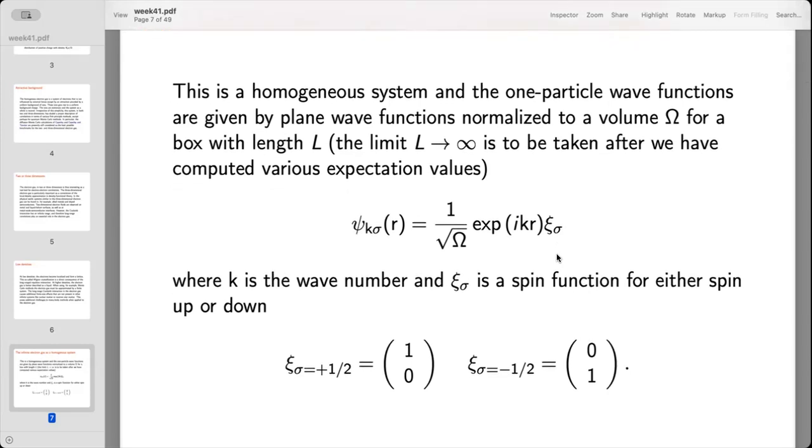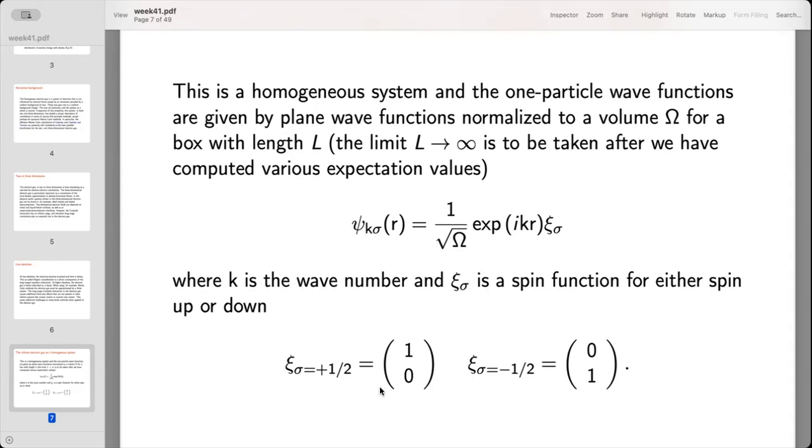Now, the Hamiltonian is not going to depend on spin, which means that when we look at the spin degrees of freedom, we need to pay a little bit of attention when we are calculating the Hartree-Fock contribution to the energy and also the Hartree-Fock energies themselves. We are coming back to this. But the spin state is actually a tensor product between the spatial part and the spin part.